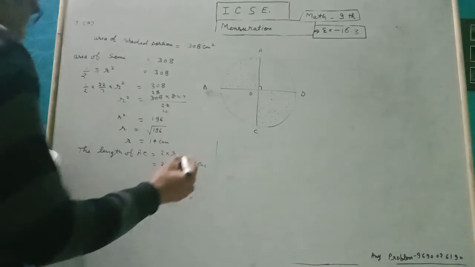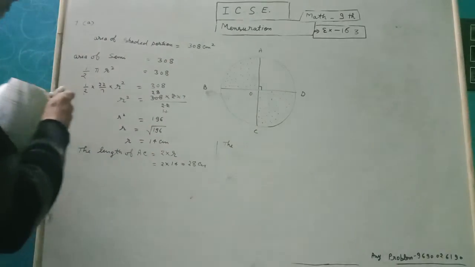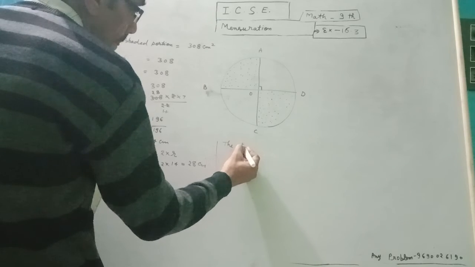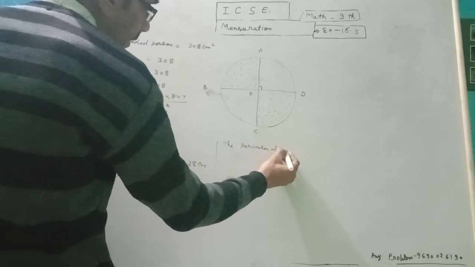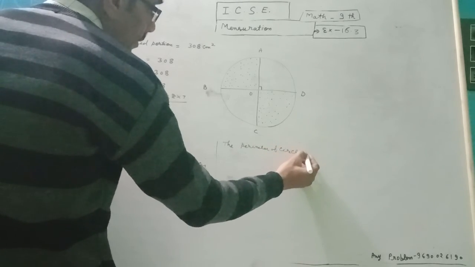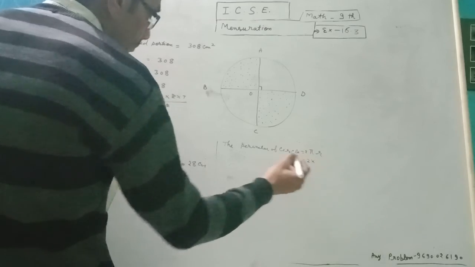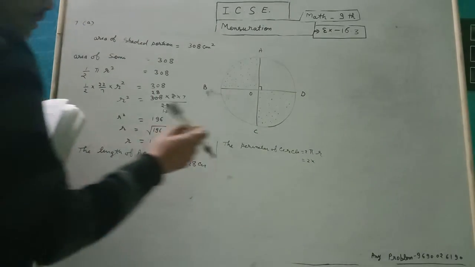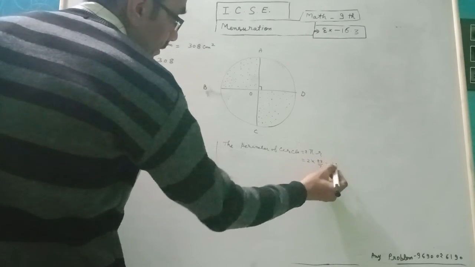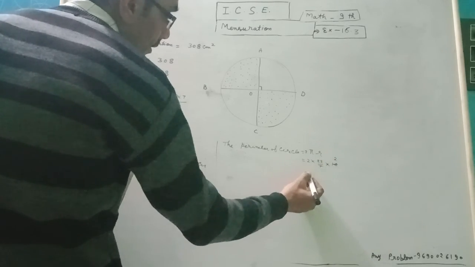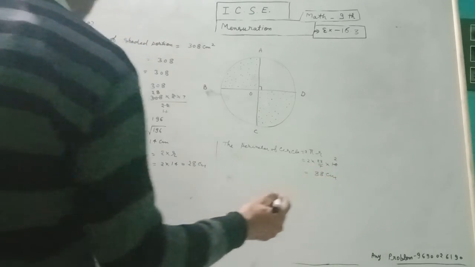And the perimeter of the circle, formula is 2 pi r. 2 into pi value is 22 upon 7, r value is 14. 7 twos are 14. 88 cm.